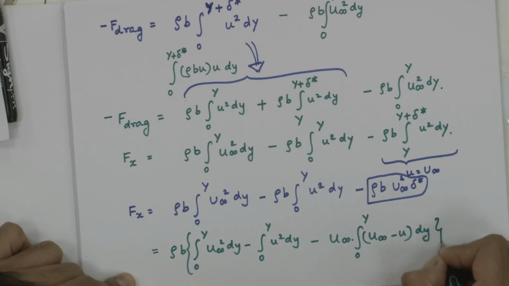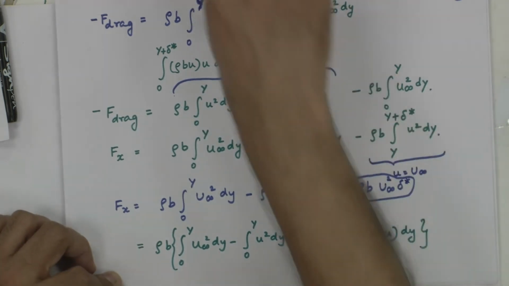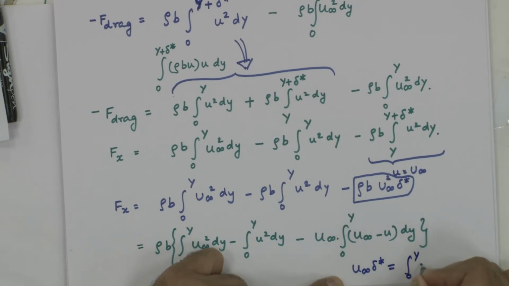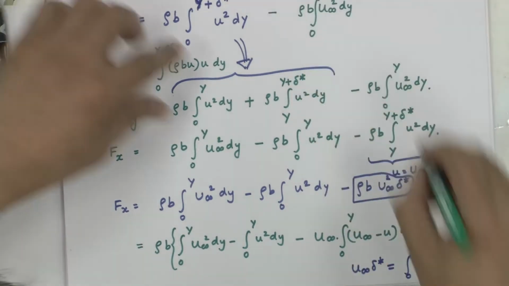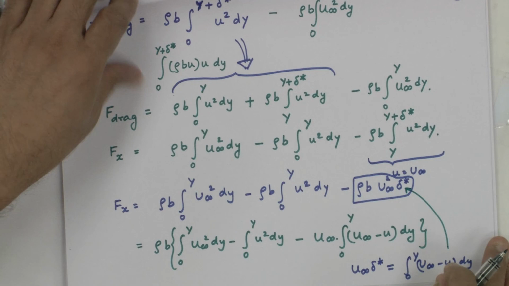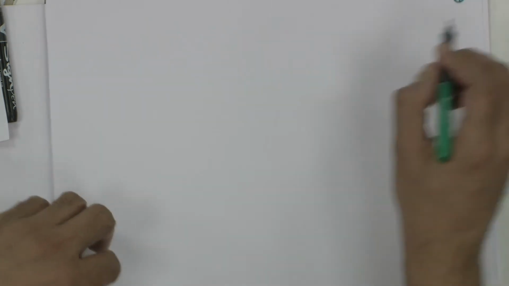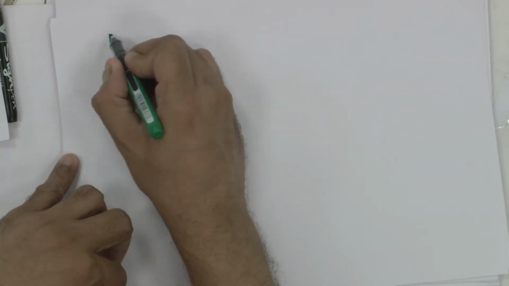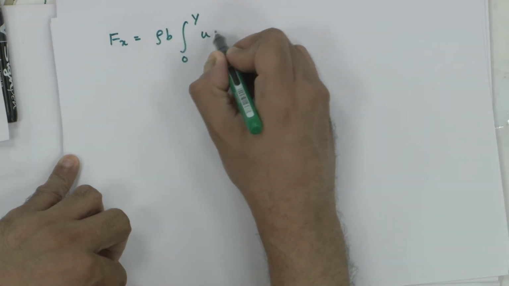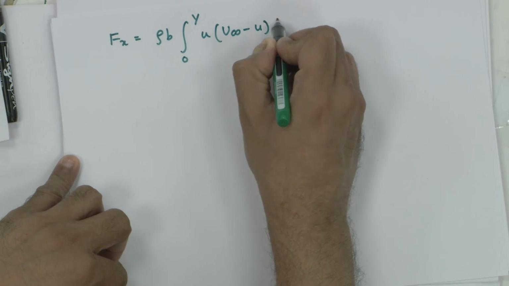This is my definition of displacement thickness, which we had in the previous slide: u infinity delta star is equal to integral 0 to Y u infinity minus u dy. So, I substituted this for the displacement thickness. When I open the brackets, some things will cancel off and I am going to be left with F of x equal to rho b integral 0 to Y u times u infinity minus u dy.